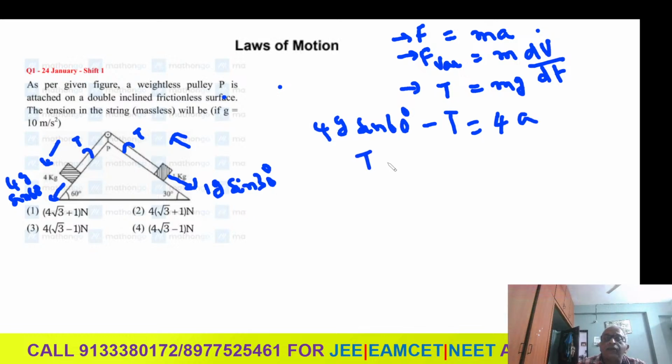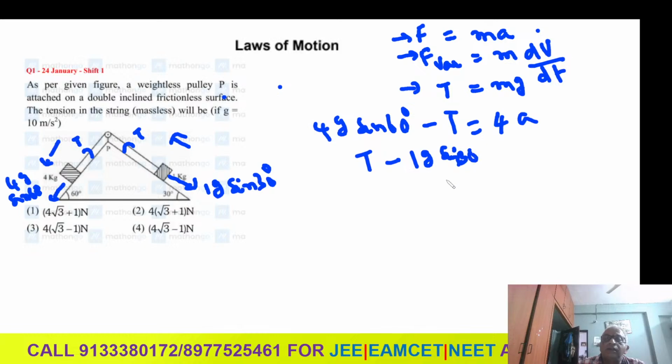So T minus 1g sine 30 is equal to 1 into A, which is A. So this is the first equation, this is the second equation.